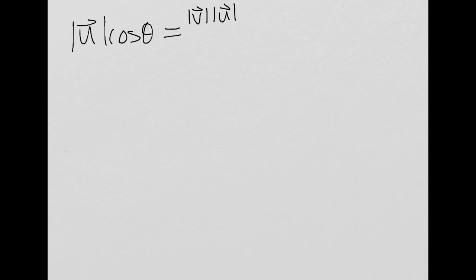If I start out with just the magnitude of u times the cosine of theta, and I multiply and divide by the magnitude of v, I get the magnitude of v, the magnitude of u, cosine theta, over the magnitude of v. But for cosine theta, we had a definition in terms of a dot product.